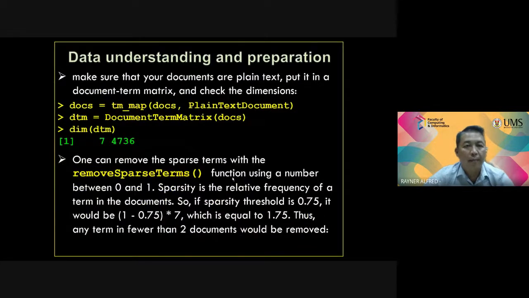Now what we want to do is convert this document into a document term matrix, and this tells you the dimension of the document term matrix that consists of 7 documents, and these are 4,736 unique terms that we have for all 7 documents.